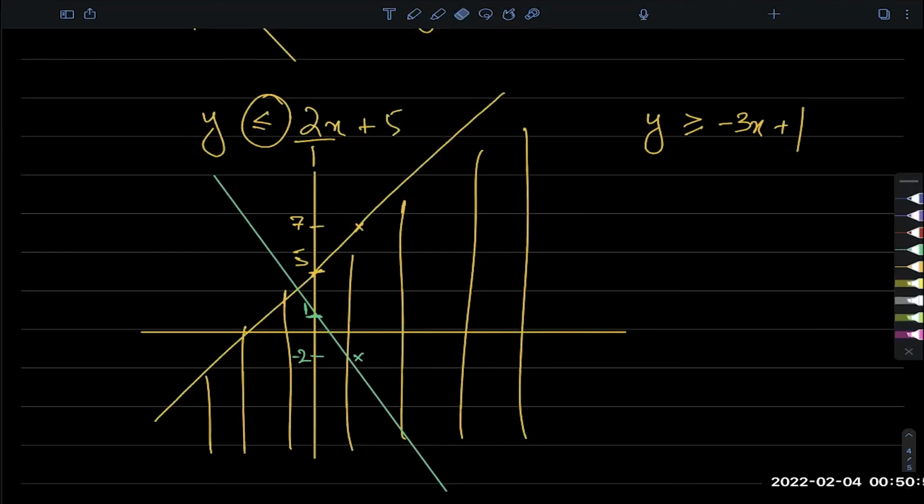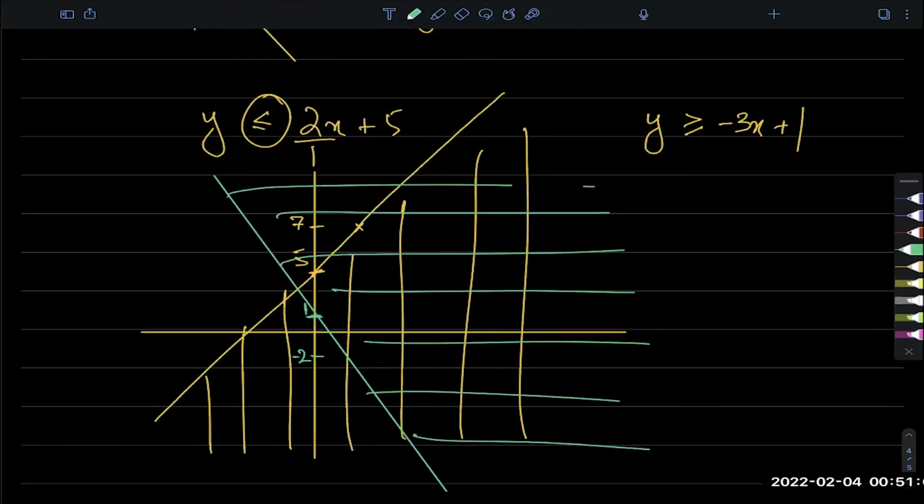And this is y is greater, right? Greater means it's above this line. So in what region do I have both the green lines and the yellow lines? All quadrants except 4, or no? One, except 3. So 1, 2, and 4. That's the quadrant I'm talking about.